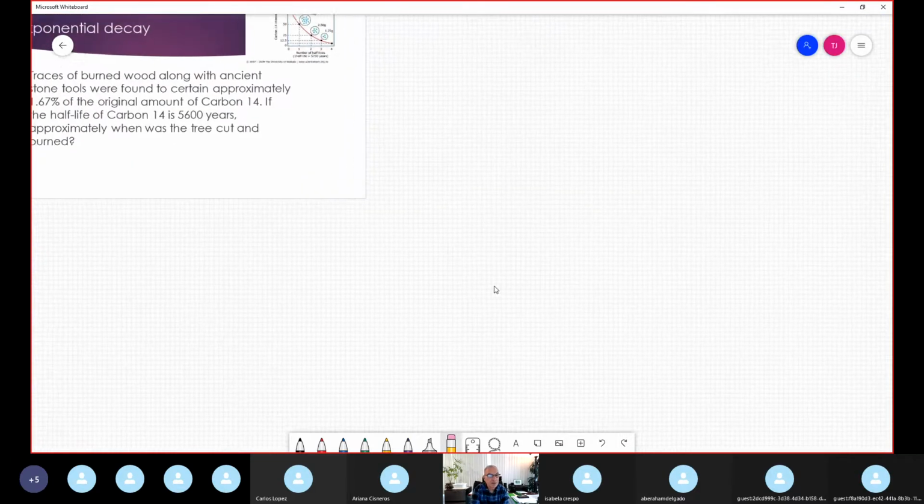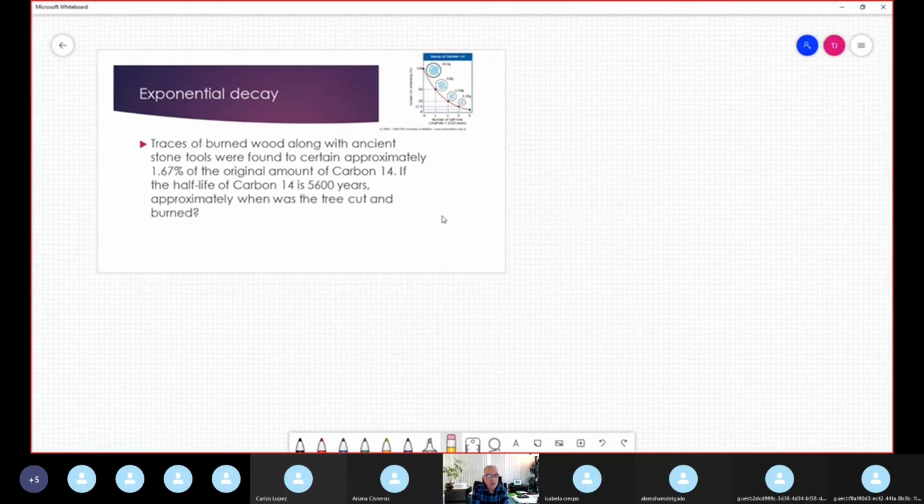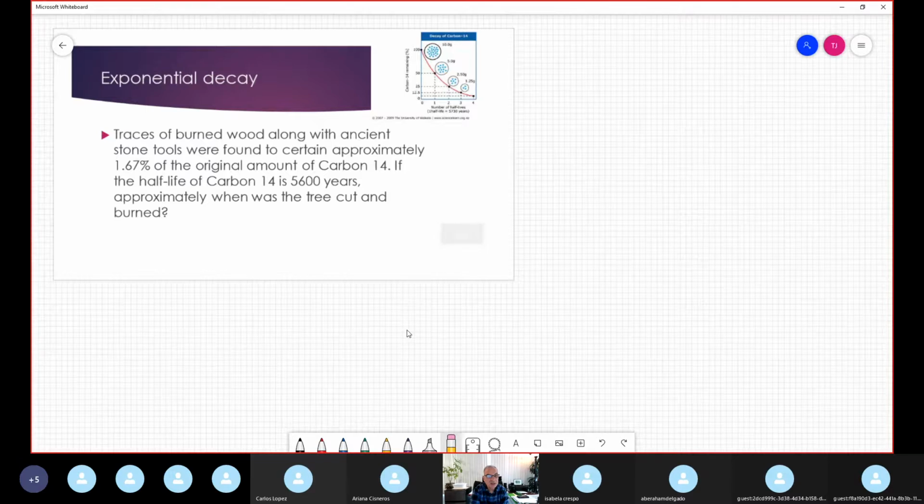Okay, let me explain, it's a physics problem. This is about the test used in archaeology to determine the age of different objects that they found under the ground.